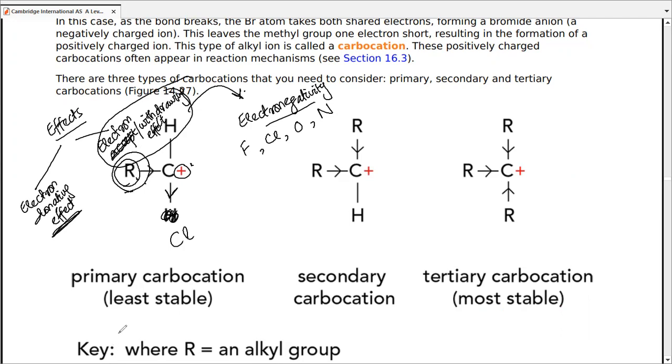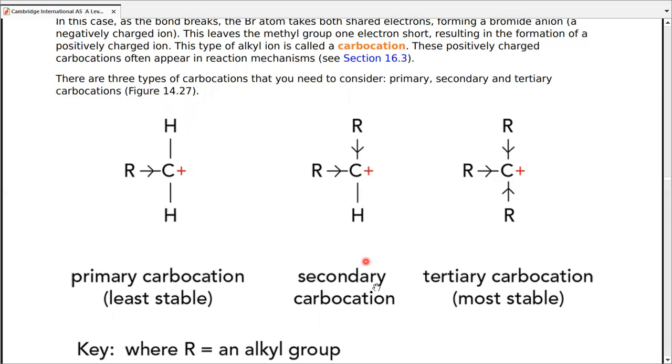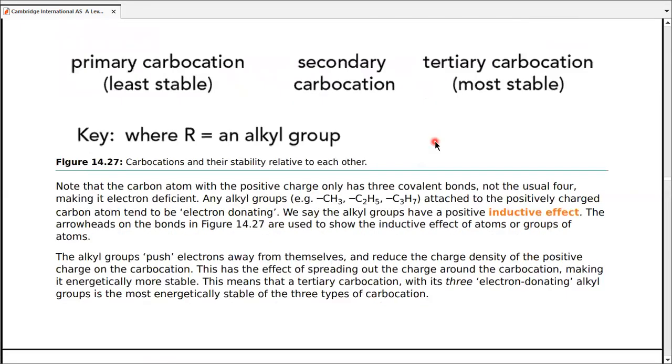So what I'm trying to do over here is combine both single atoms as well as groups of atoms to make sure that you understand the point I'm trying to make. I'm going to keep going with the words of the book to make sure that we understand every line. Now, we say that alkyl groups have a positive inductive effect. This effect will now be named the inductive effect.